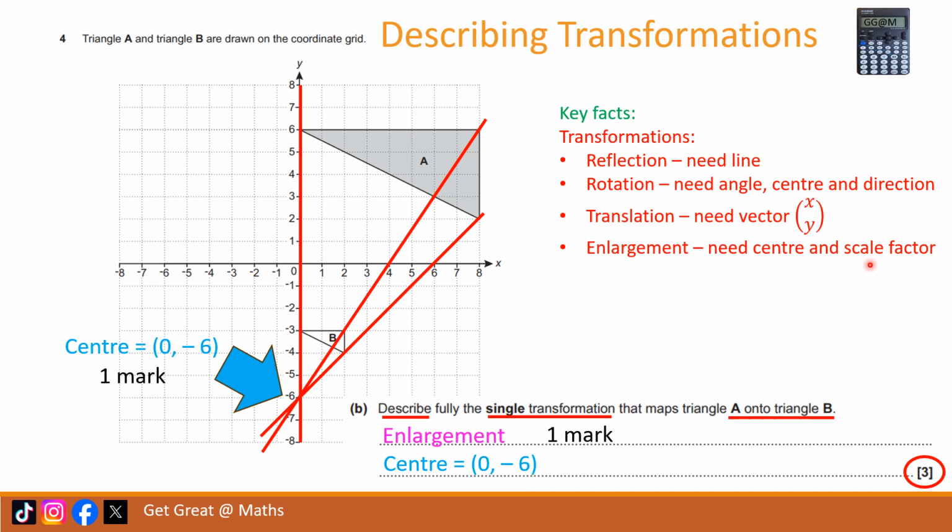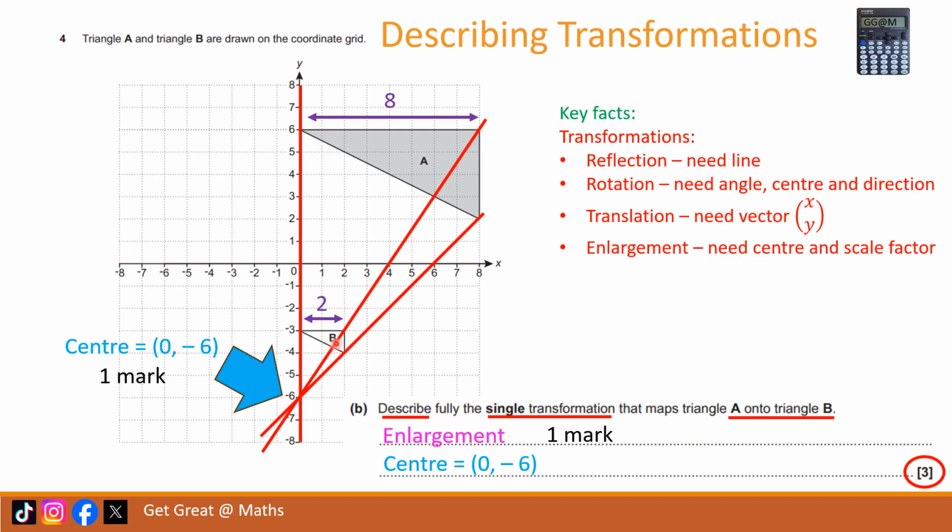The last mark comes from working out the scale factor. Now, the scale factor tells me how many times bigger A is than B. So we're going to go from shape A to shape B. Now, you can see B is smaller than shape A, so we're going to have a fractional scale factor. Now, we can measure the lengths or work out the length by counting the squares. And on the big one, on shape A, we have got 8 squares going across.